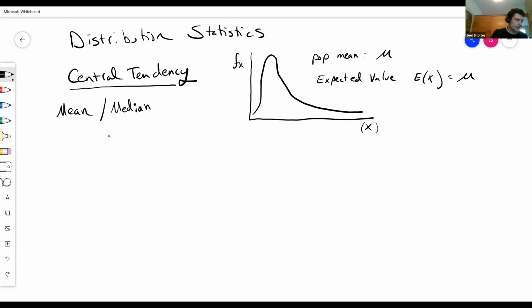And we can estimate the mean from a sample.